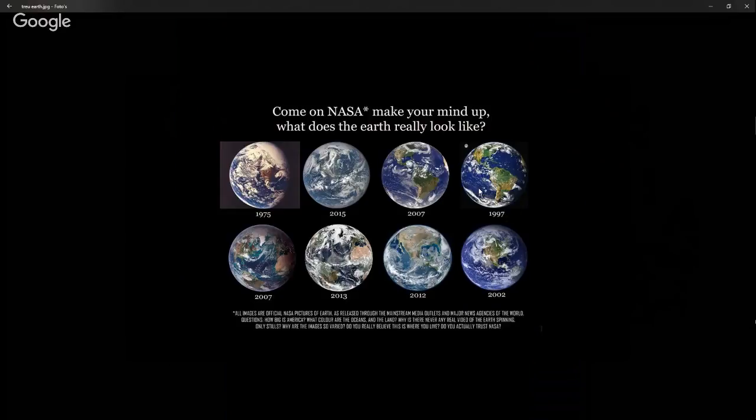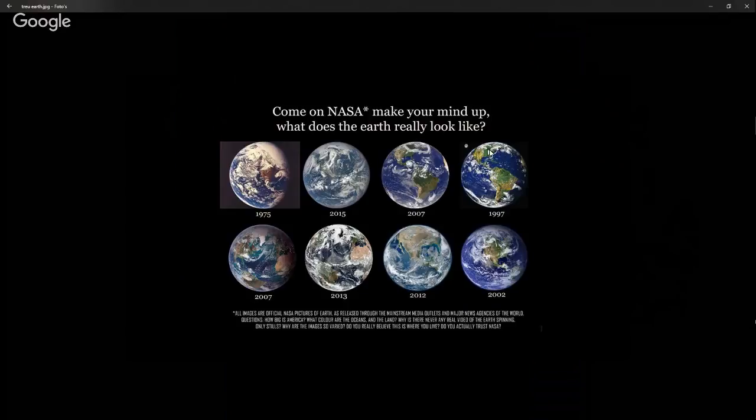In 1997, look at the United States. It's all from the same distance, they are telling us, but they are all different. Do you think this is real? Well, NASA admitted these are CGI renderings mixed up with paintings even.